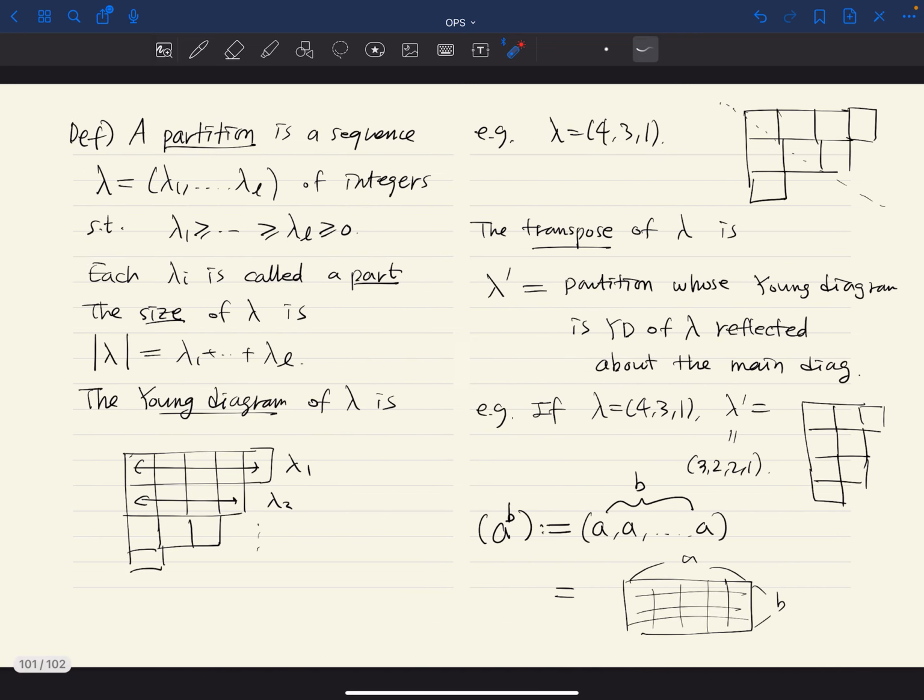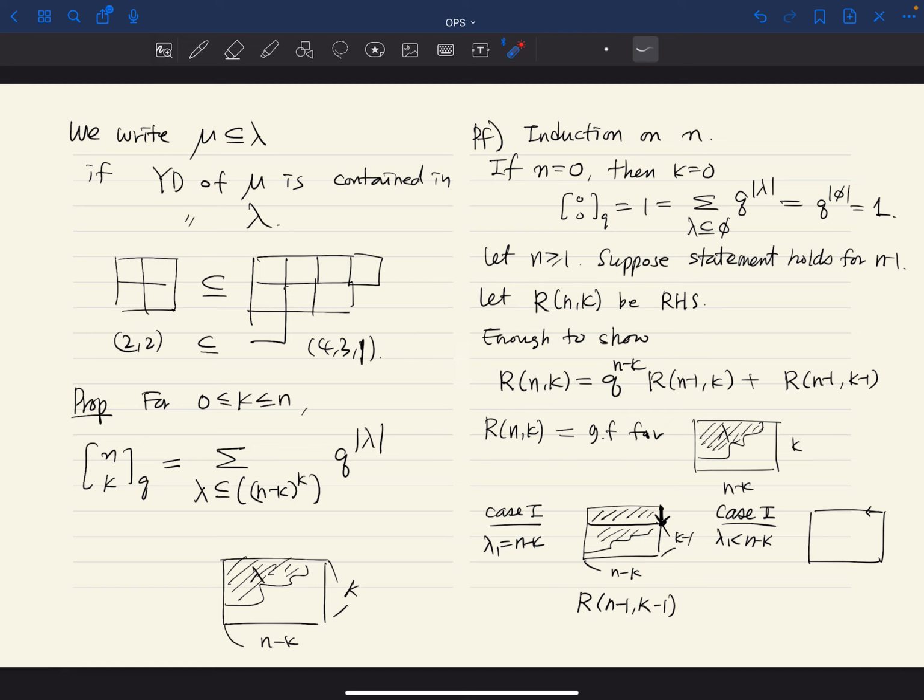Okay, let's do this. We just continue this proof and then find the error there. It looks like this is okay. And here we go this way, and then we can just ignore this last column. So this is n minus k minus 1, and this is still k.